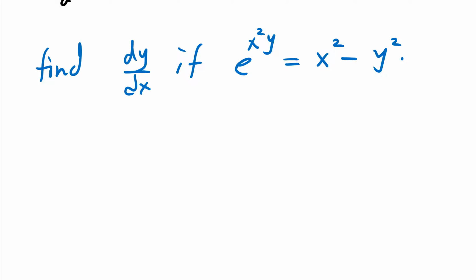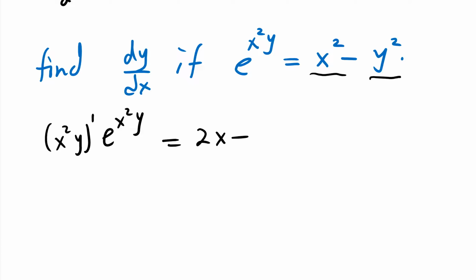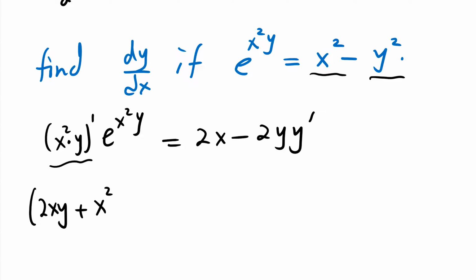The derivative of e to the u is u prime e to the u, equals the derivative of this, which is 2x, minus the derivative of this, which is 2y y prime. Now for this one, this is 2xy by the product rule plus x squared y prime, and we keep e to the x squared y the same.